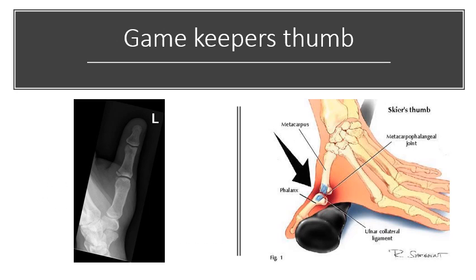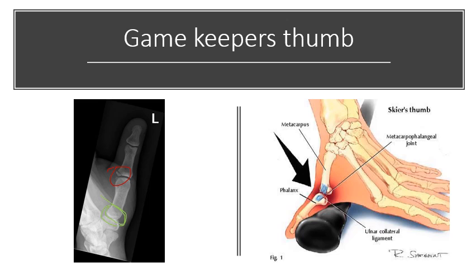Gamekeeper's thumb we spoke about. In this X-ray you can see it is an avulsion fracture of the base of the proximal phalanx on the ulnar side. This one is your gamekeeper's thumb. Bennett's and Rolando are here where I have highlighted in green.